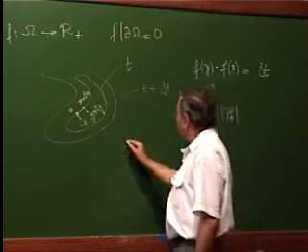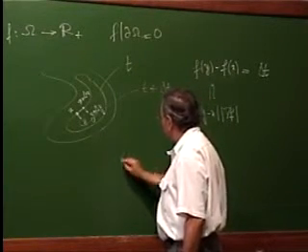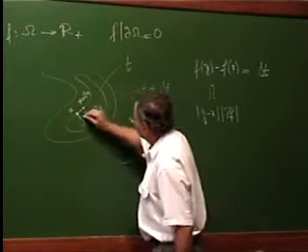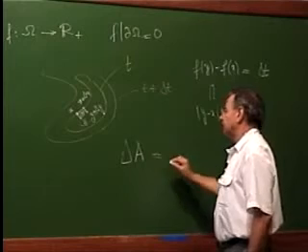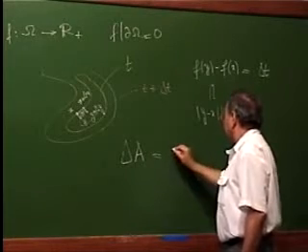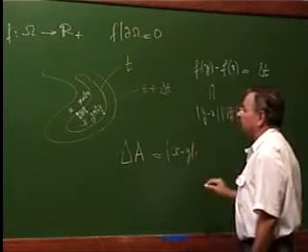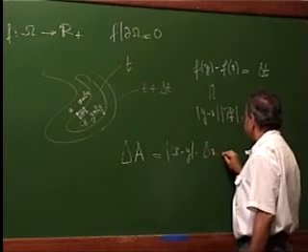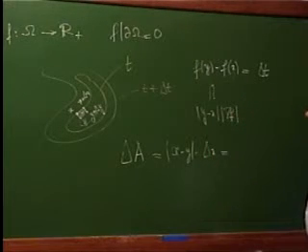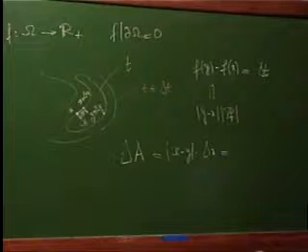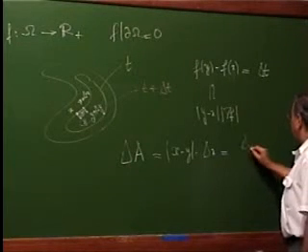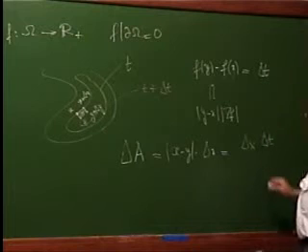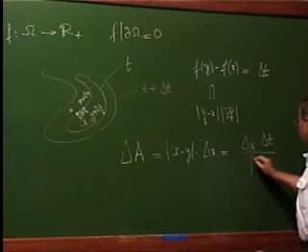And now if you look at the variation of area, this is the length y minus x times delta x. And so this is just delta x delta t, divided by the gradient of f.